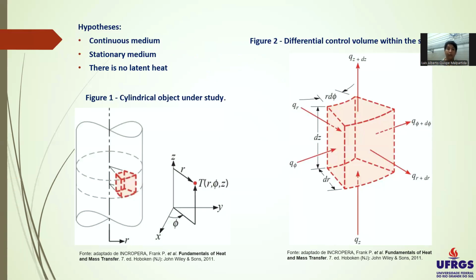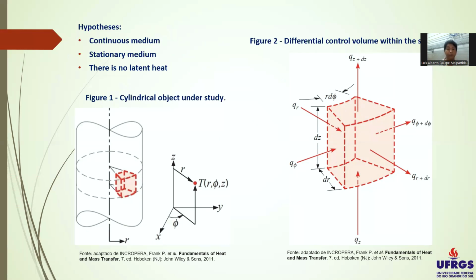To develop this equation, we start from three main hypotheses. First, consider that the medium is continuous. That is, the physical properties change continuously and gradually in space. Second, consider that the medium is stationary.